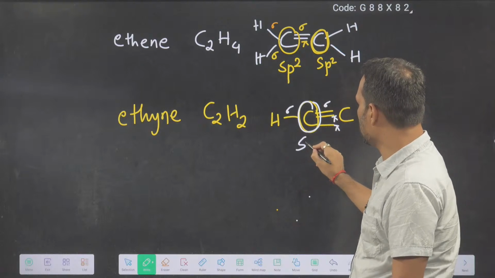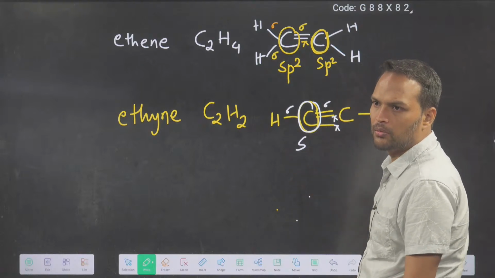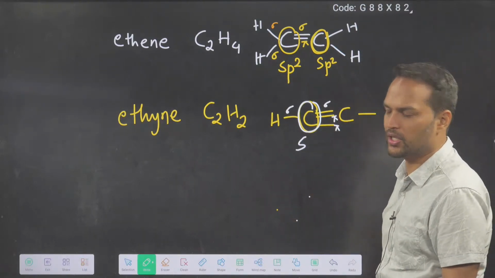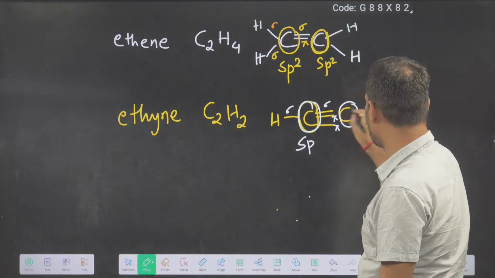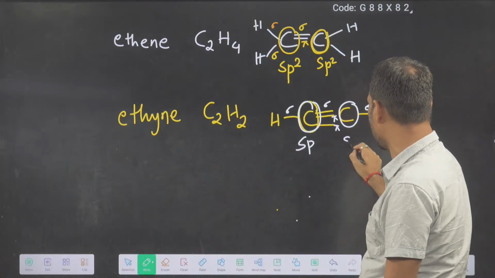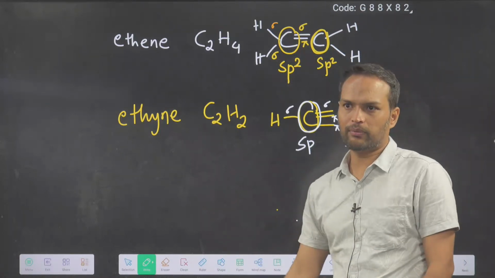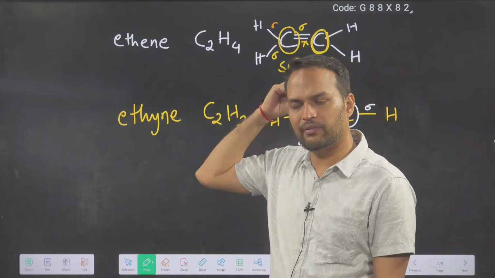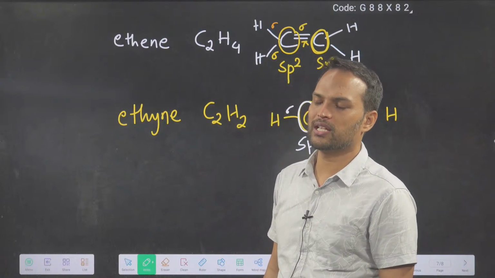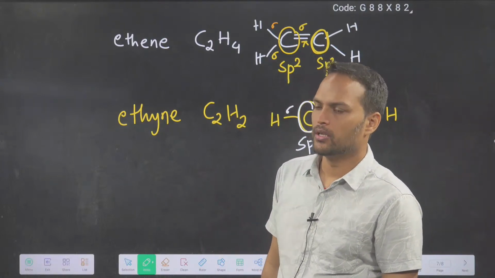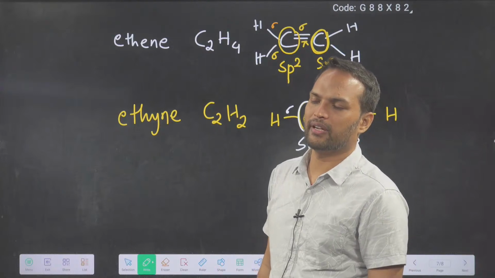So 2 sigma means which hybridization? sp. This carbon also has 2 sigma, so sp. We have to find the hybridization of individual carbon atoms. So I hope things are clear to everyone.